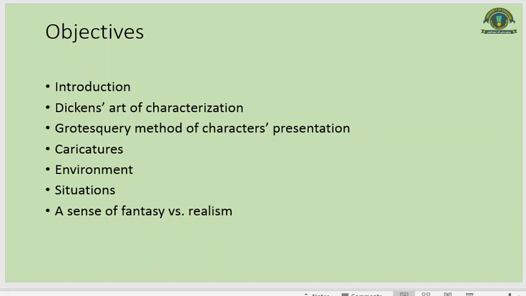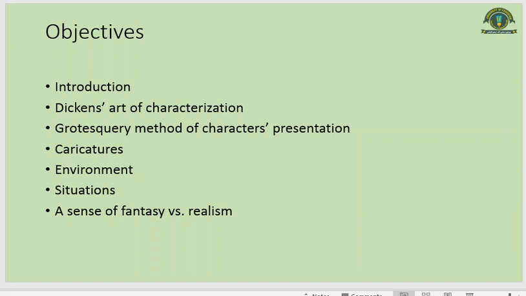Then we will learn the grotesque method of character presentation, caricatures, environment, and situations.